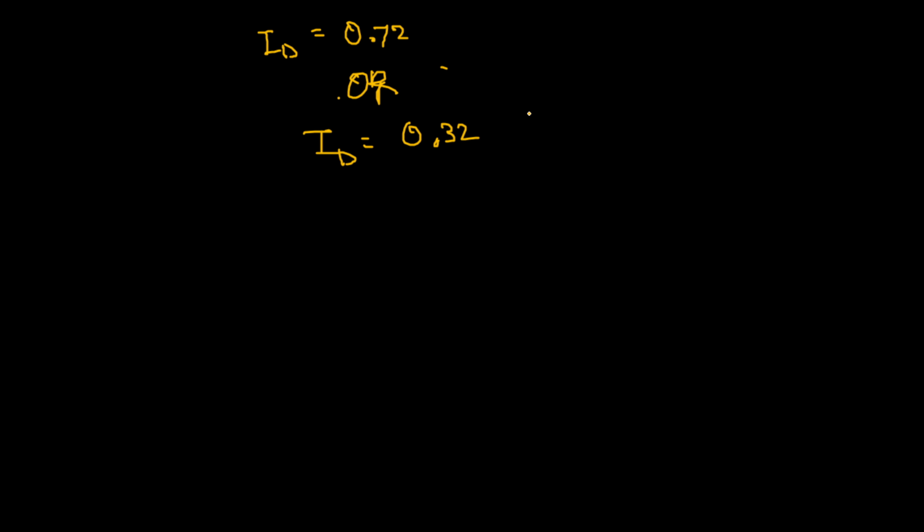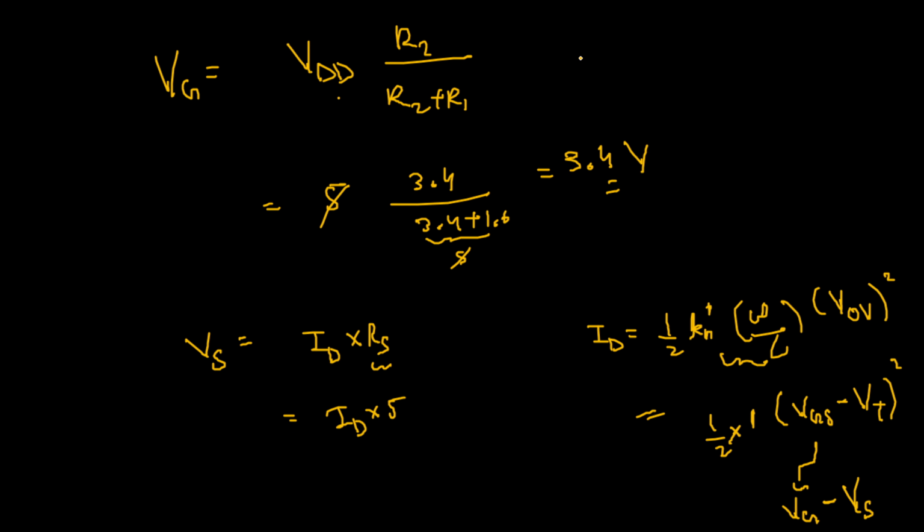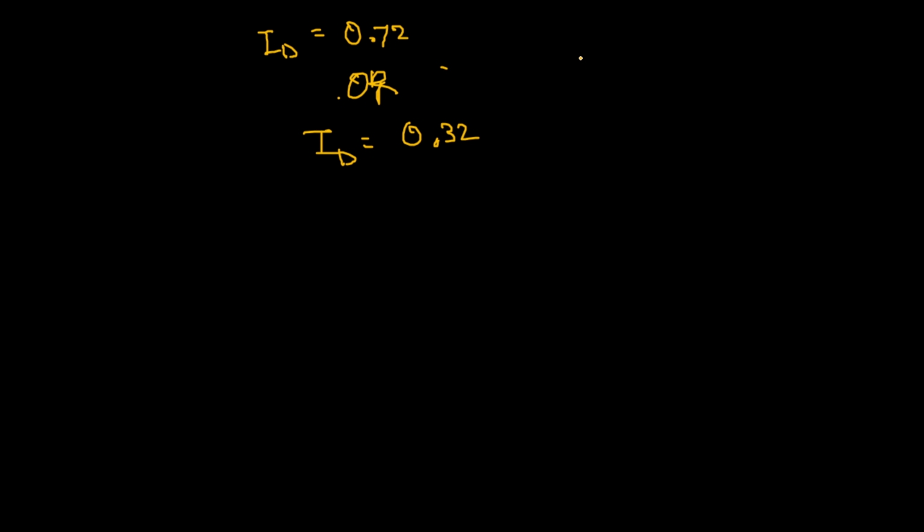So we check whether the value of drain current we got is actually correct by checking the conditions for saturation. The first condition is that the gate source voltage should be greater than the threshold voltage. Let's see if that is satisfied. We know that VS is equal to 5 into ID.